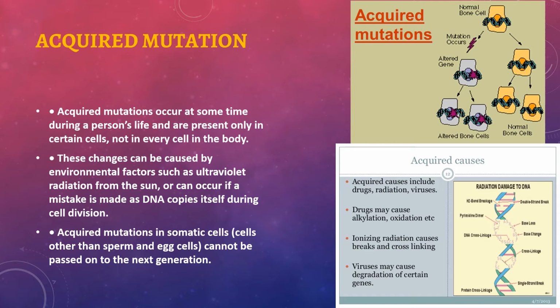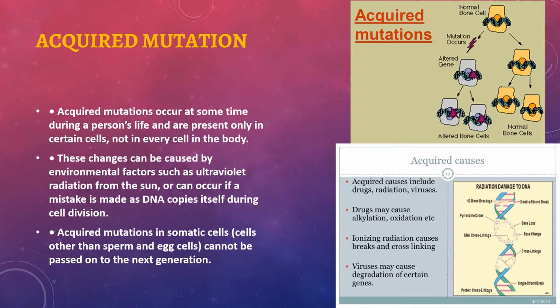The radiation will have an impact on the gene structure, and there will be an altered gene. This altered gene will further divide into two other altered bone cells. You can see the mutated gene in the bone cells, whereas in the other structure, this is a normal bone cell, there is no mutation, so it will further develop normally.